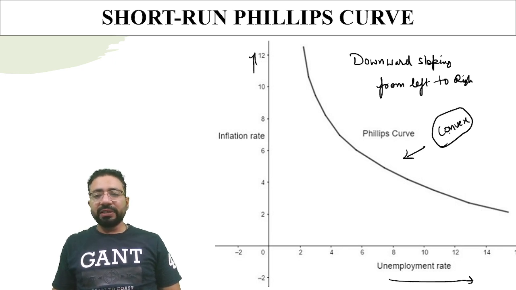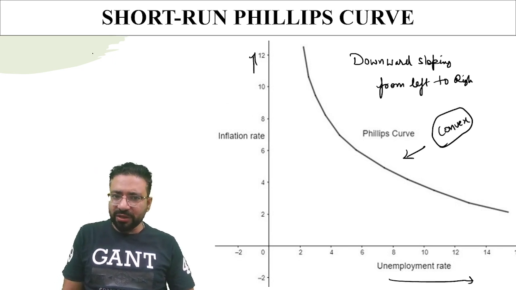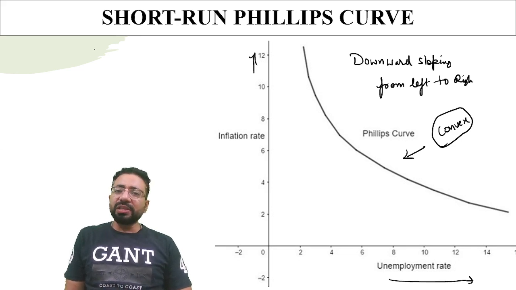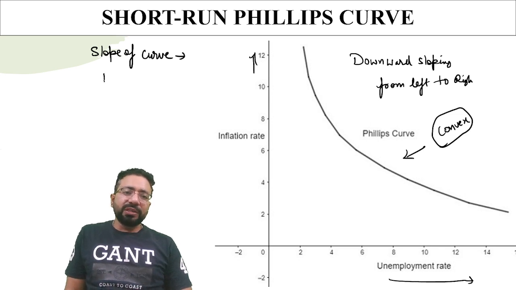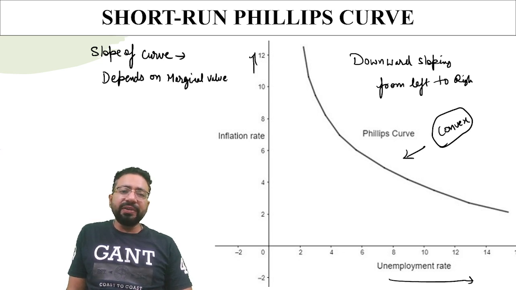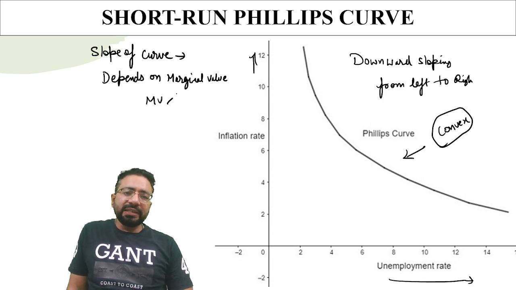Why does it have a convex shape? Because the slope of curve depends upon a marginal value. If the marginal value is rising, then slope would be concave.